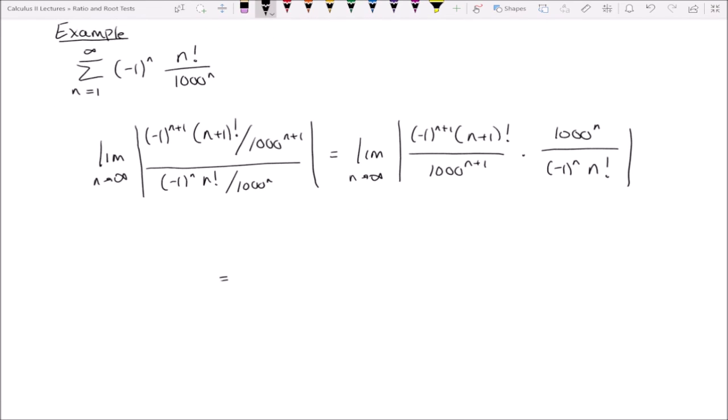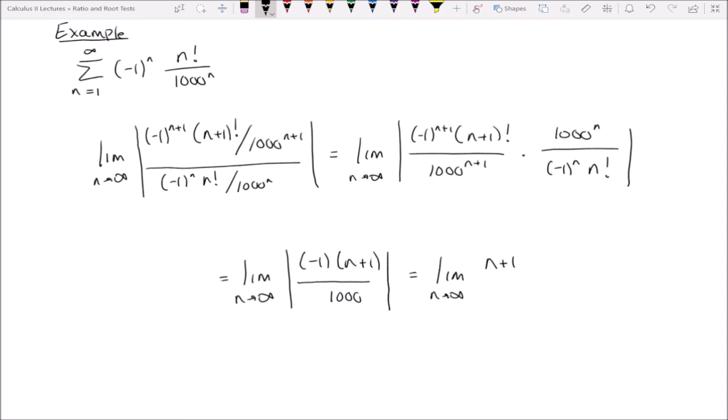Simplifying this, limit as n approaches infinity, the absolute value, we get negative 1 times n plus 1 in the numerator, and then all over 1,000 in the denominator. That absolute value is simply this.